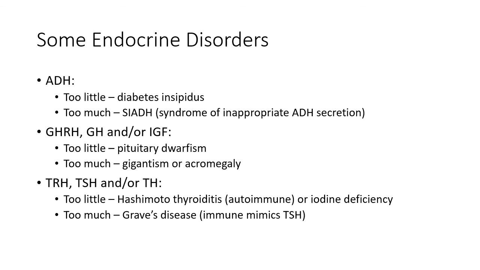In Graves' disease, the immune system actually, it's a little bit weird. The immune system makes antibodies that actually look like TSH. So those antibodies will act on the thyroid gland to cause the production of thyroid hormone in excessive amounts.